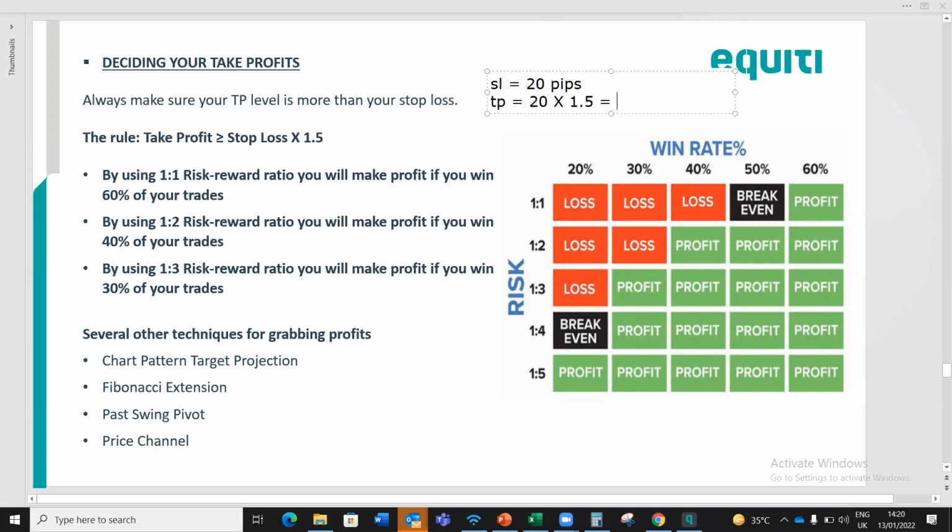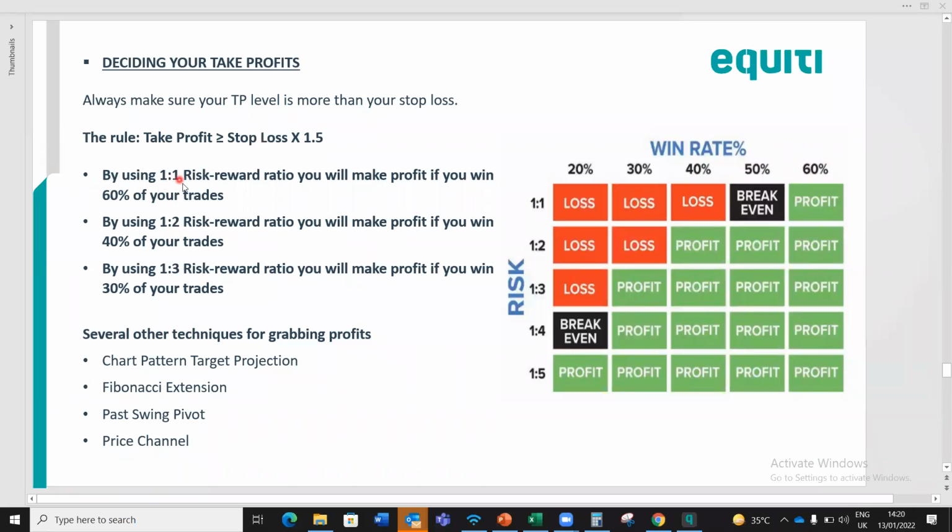That gives us 30. So at least you're risking 20 pips to get 30 pips. Now, this is a simple and standard way of deciding your take profit level. But there are some other methods of deciding your take profit level. So I will show you that very shortly.